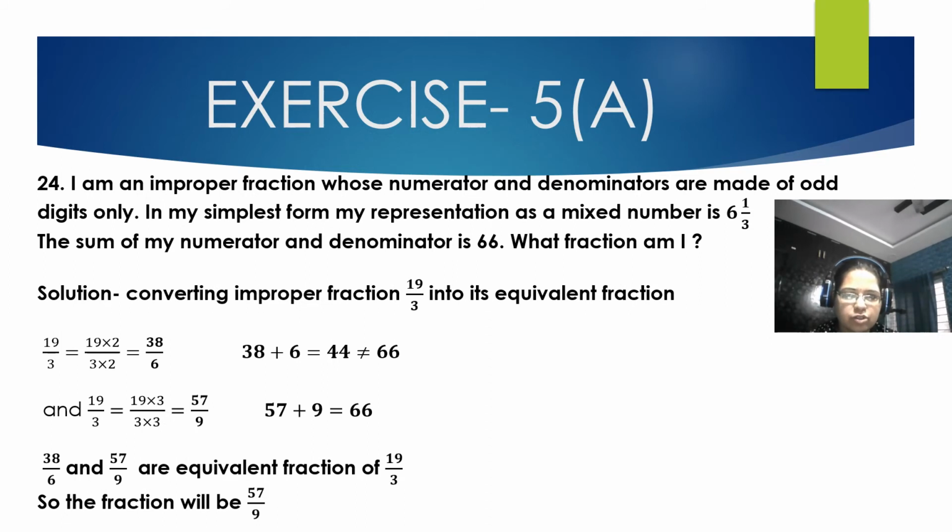Converting the mixed fraction 6 1/3 into an improper fraction, we get 19/3. The sum of numerator and denominator is given as 66, but here the sum is 19 plus 3, which is 22.